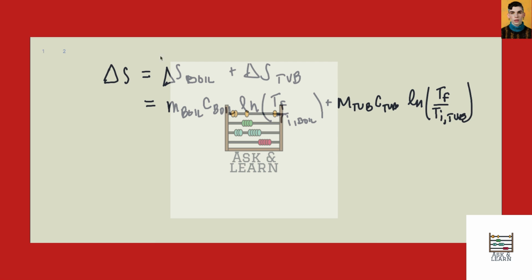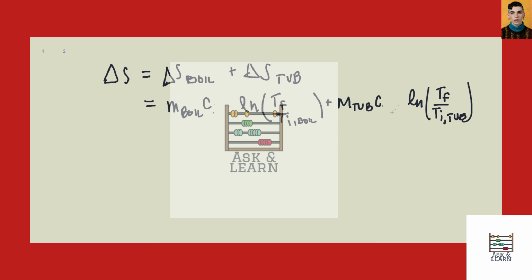So if you stick in all the constants from part 1, so M boil is 5, M tub's 195. Oh, I wrote C boil and C tub, but those should just be C water. Glad I double checked in case that were to cause any confusion.